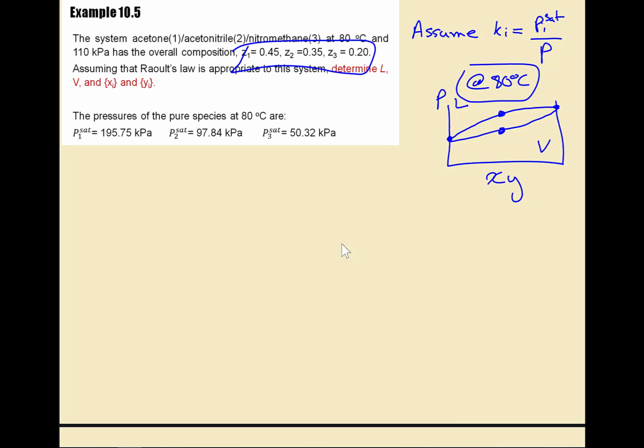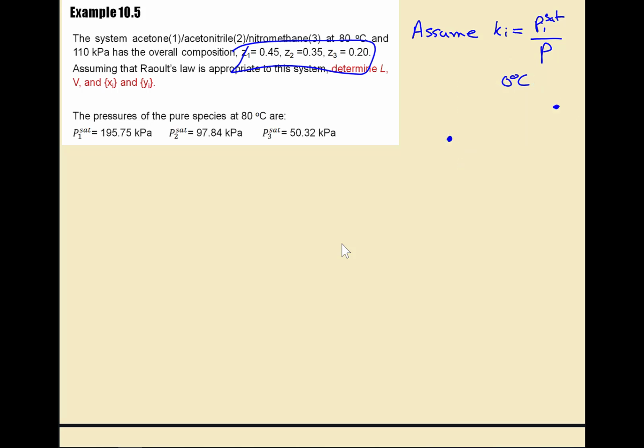If I know these two pressures, any pressure in between means it's a mixture. So that's the goal. So we're going to try to find what is my bubble pressure and what's my dew pressure. So we apply the general equations that we derived before. In this case, Raoult's law applies.